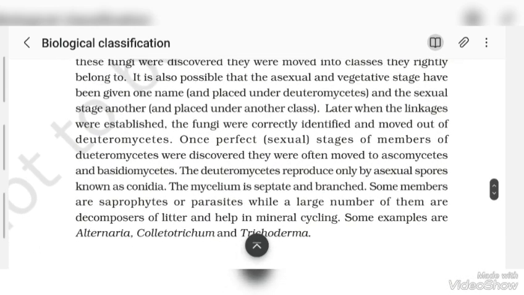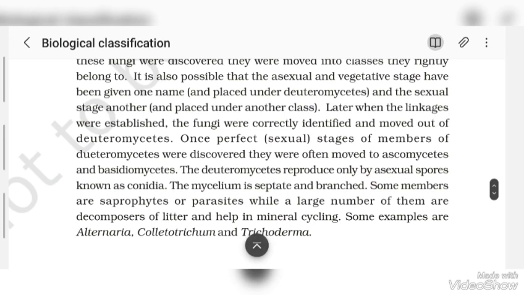It is also possible that the asexual and vegetative stage have been given one name and placed under Deuteromycetes, and the sexual stage another and placed under another class. Later, when the linkages were established, the fungi were correctly identified and moved out of Deuteromycetes. Once the perfect sexual stages of members of Deuteromycetes were discovered, they were often moved to Ascomycetes and Basidiomycetes.